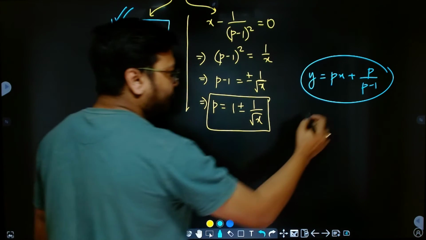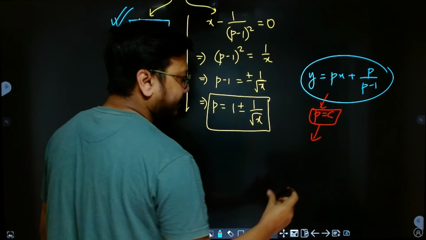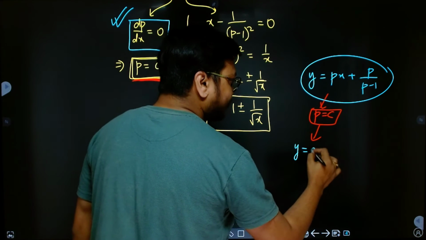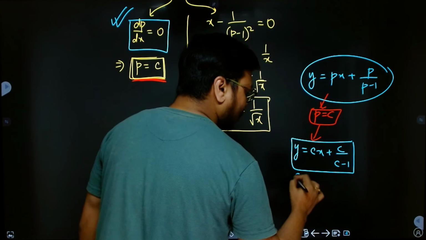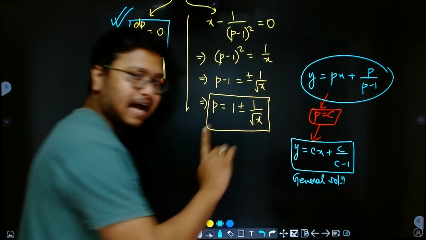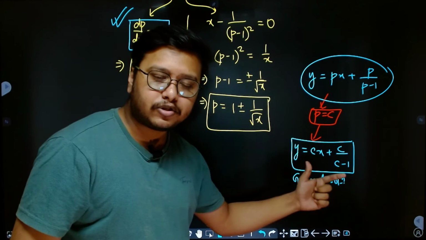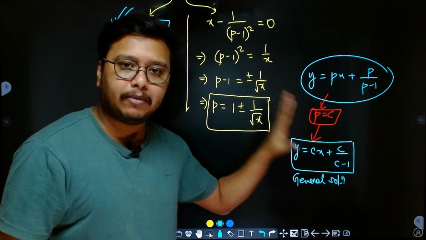So over here, if we put p equals c, then the solution that we are going to get is y equals cx plus c upon c minus 1. So this is our general solution, and as I showed you in the diagram, if you change the value of c, you will get different trajectories, which represent the family of curves.